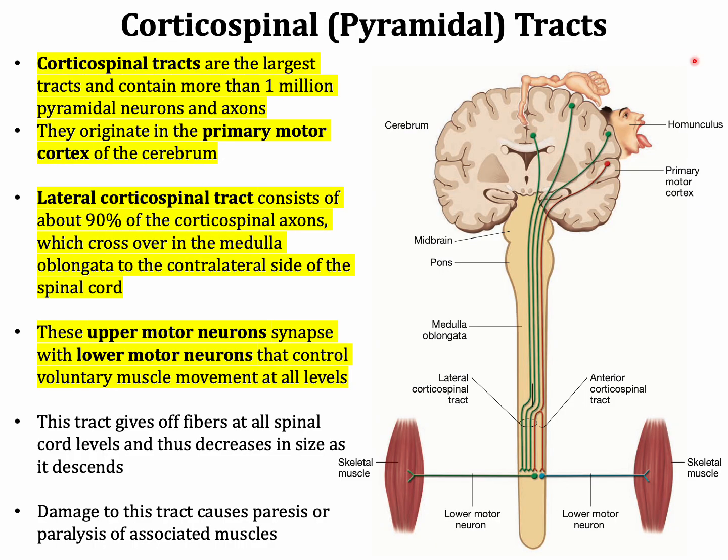The corticospinal tracts or the pyramidal tracts are the largest in the cord, contain over 1 million pyramidal neurons and axons, and the upper motor neurons originate at the primary motor cortex. So here's our motor homunculus, here's our primary motor cortex being shown, right? That's where these neuron cell bodies are found.